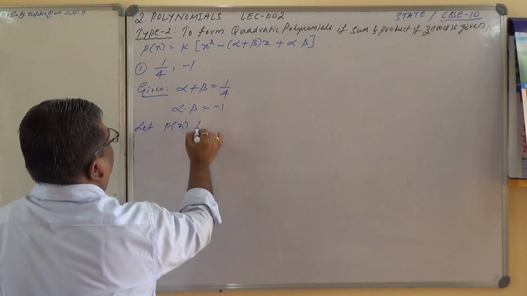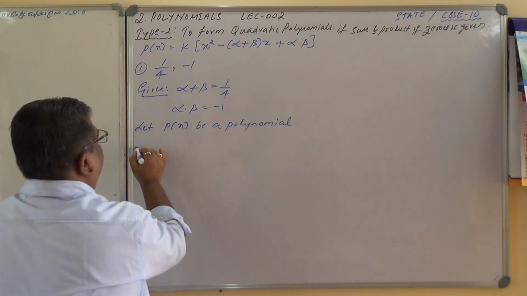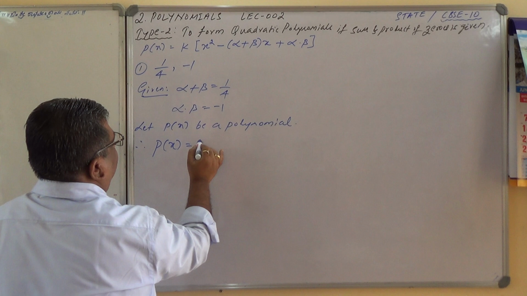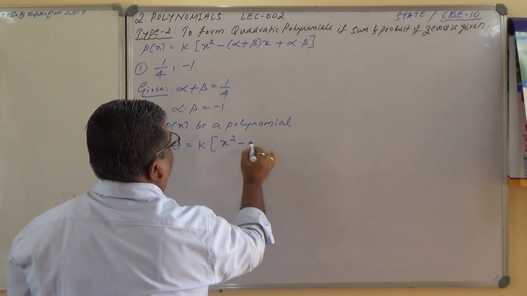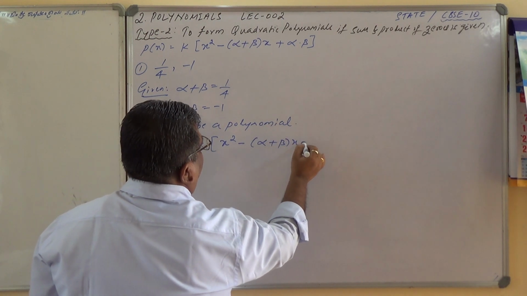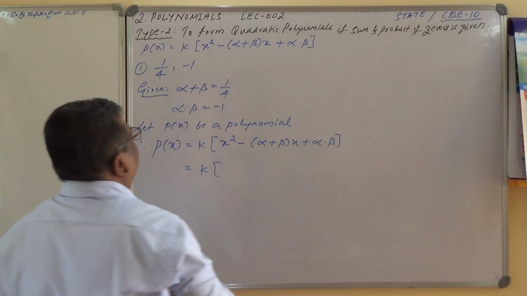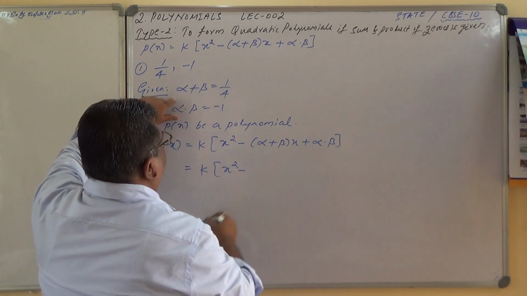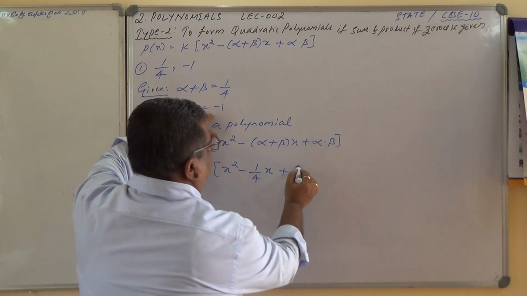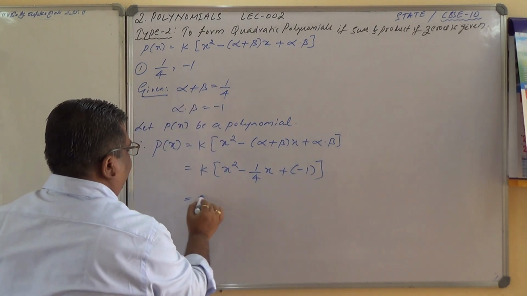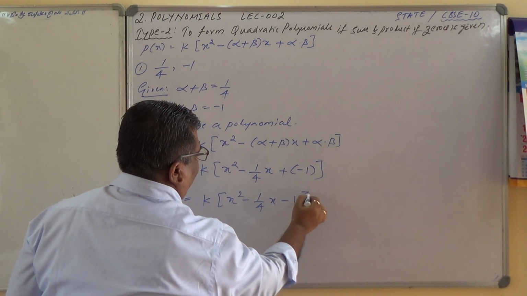let p of x be a polynomial. Therefore, p of x is equal to, a non-zero constant is to be taken, k into x square minus alpha plus beta times x plus alpha into beta, which equals k into bracket x square, sum of zeros 1 by 4 times x plus alpha into beta which is minus 1, which equals k x square minus 1 by 4 x minus 1.